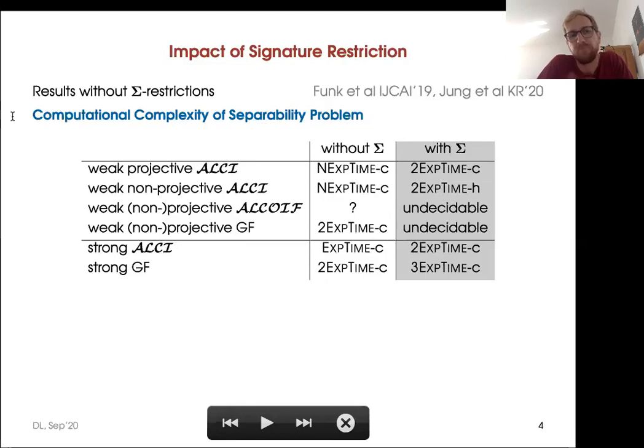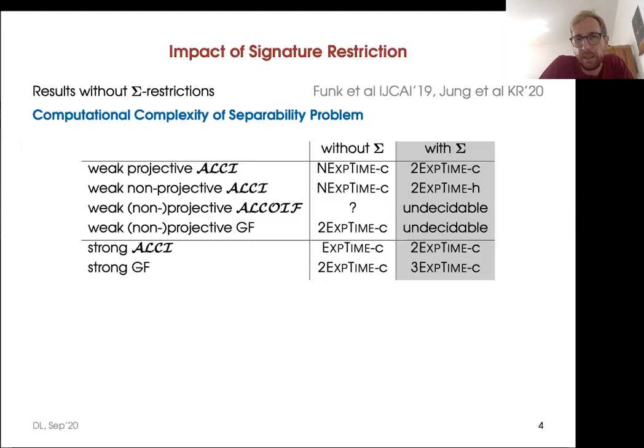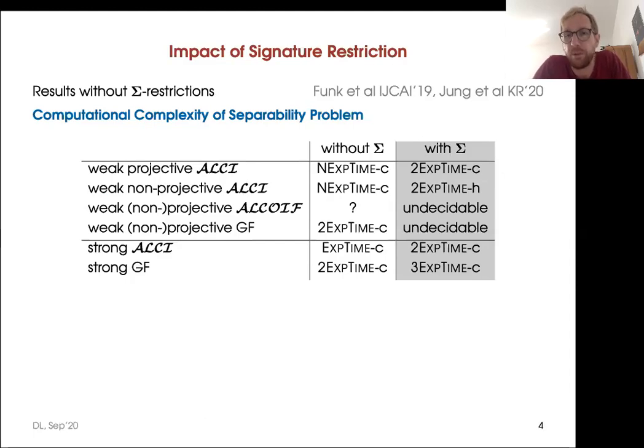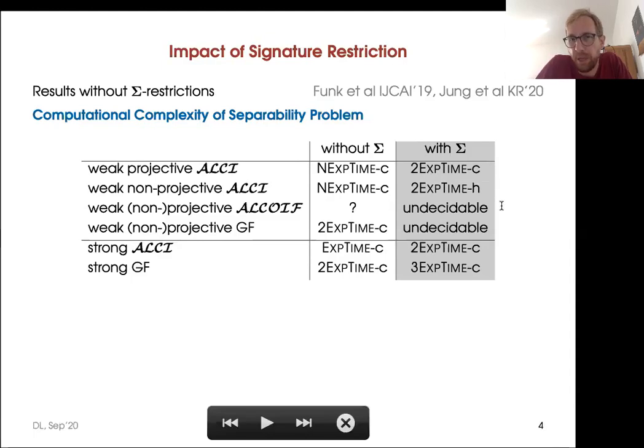One kind of impact can be measured in the computational complexity. In this paper, the gray column contains the results that we establish here. You can see that always, if you admit signature restriction, the problem becomes harder, sometimes even undecidable.